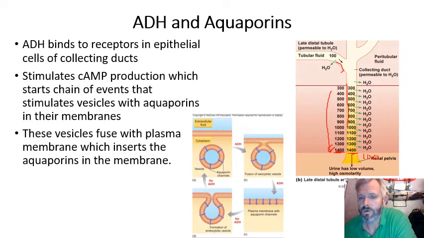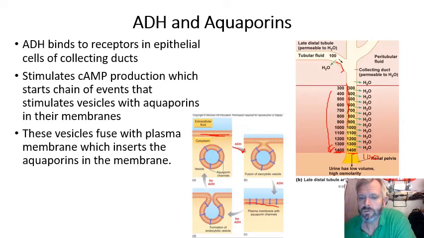Aquaporins are channels for water. When ADH is not around, they are not out here on the membrane of the cells. So therefore the cells are not permeable to water. But when ADH binds to its receptor, not shown here, that signaling will cause these aquaporins to be inserted on the membrane.